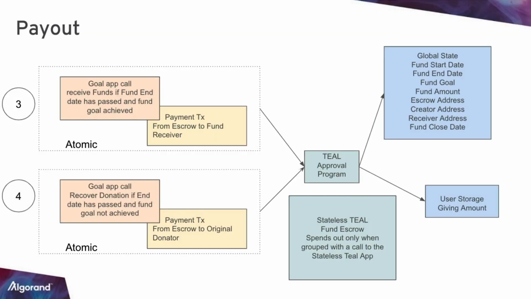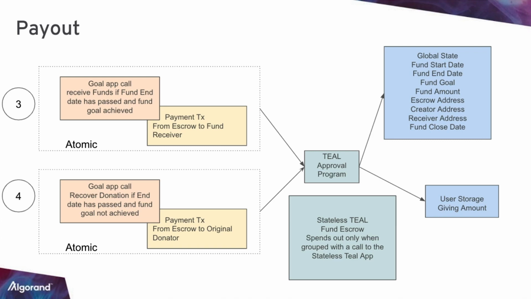Now the meat of it is, how do you handle payout? At the end of the fund end date, if the fund goal is met, the intended recipient can make a call to the contract saying, hey, I want to collect my funds. At the same moment, they would also submit a payment transaction from the escrow to themselves.